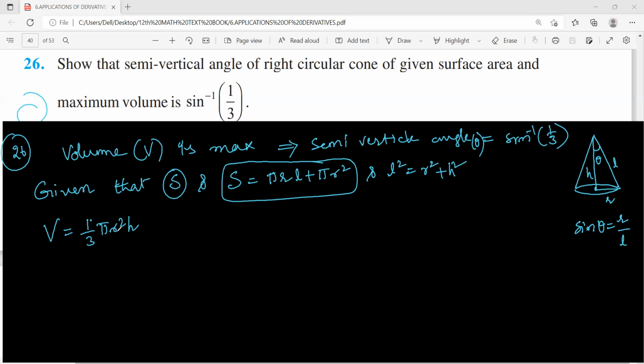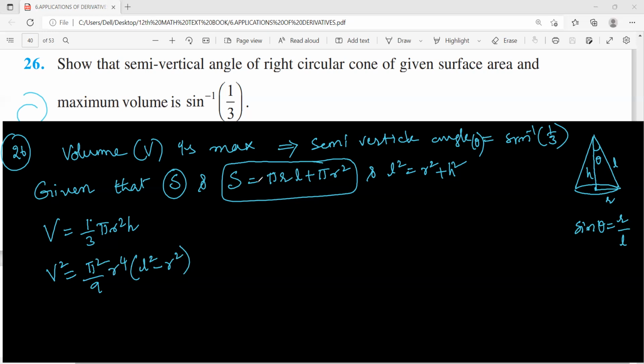If you remove H square, then you get a relation between R and L, and then you can convert everything into L also. V square: when V is maximum, V square is also maximum. So pi square by 9 R power 4 H square. H square I'm writing as L square minus R square. So now you can remove L square.